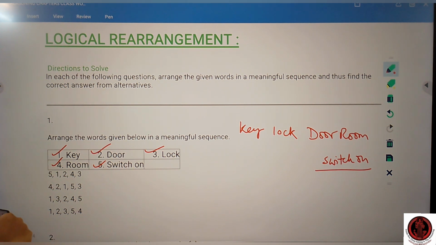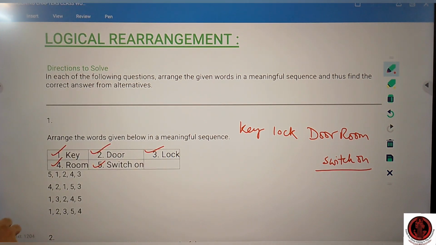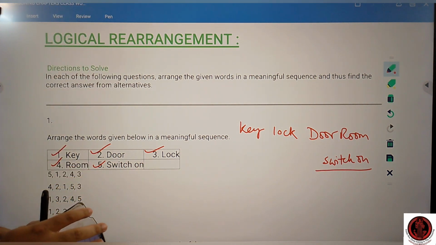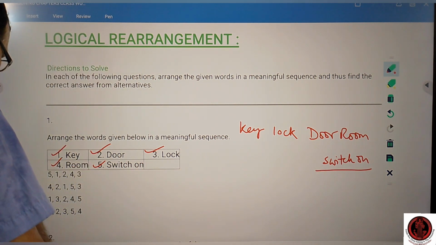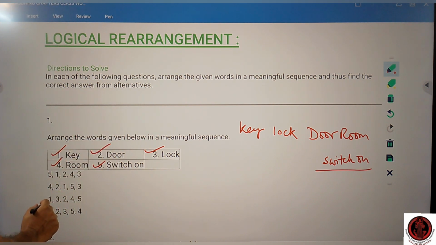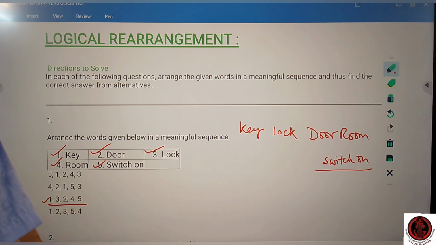Okay, so these are the words given. The logical sequence means you have to arrange the words in a meaningful sequence. First key, so key means number 1, then lock means number 3. Then number 2 is door, then number 4, then number 5.